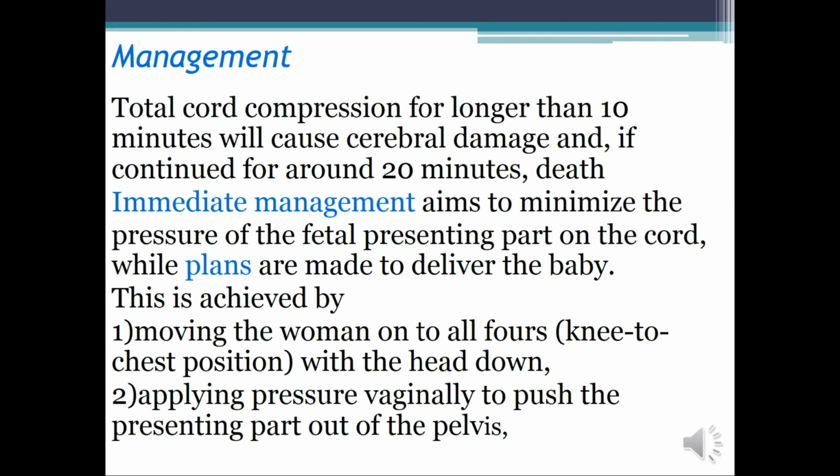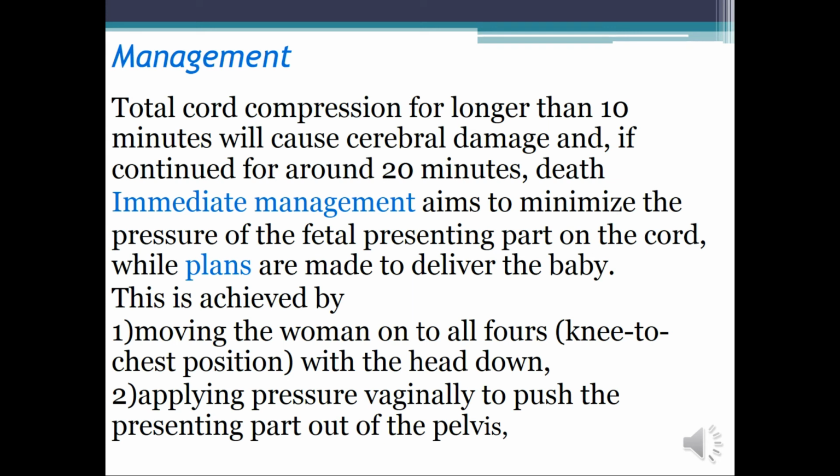Management: total cord compression for longer than 10 minutes will cause cerebral damage, and if it continues for around 20 minutes, death. So immediate management aims to minimize the pressure of the fetal presenting part on the cord while plans are made to deliver the baby.